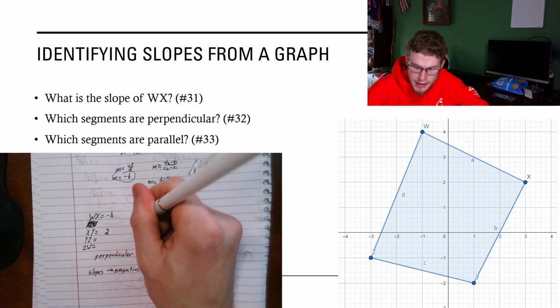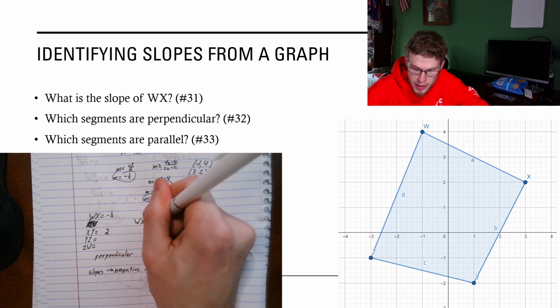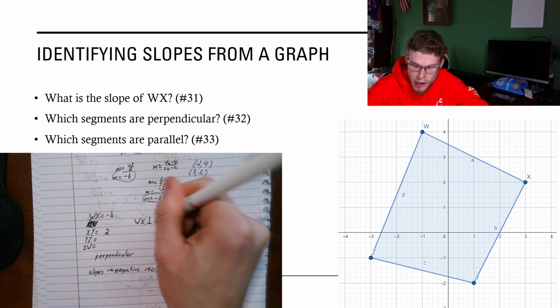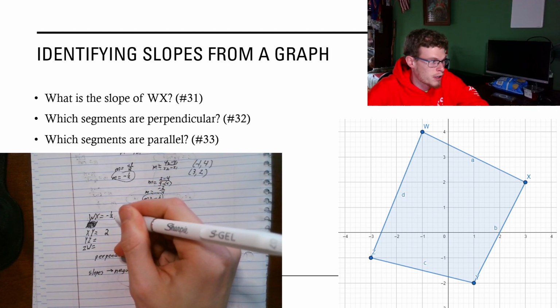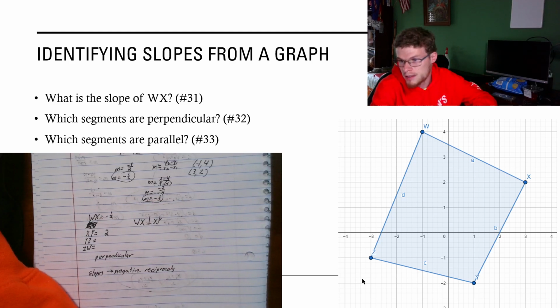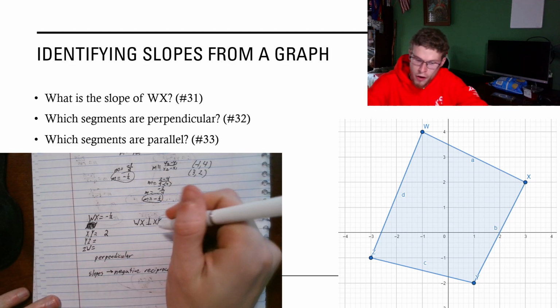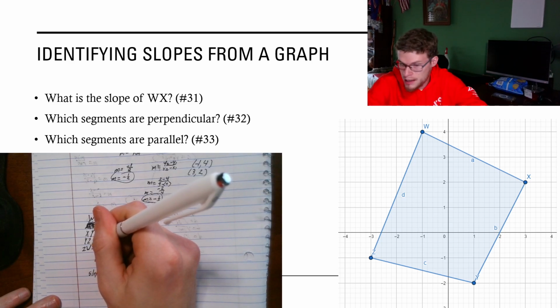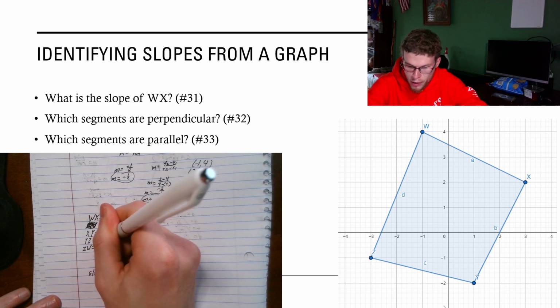So that means we can say that WX is perpendicular to XY, because this is the negative reciprocal of this slope. Now let's take a look at ZY. Okay, you see ZY right here, going down 1 over 1, 2, 3, 4. Okay, and you see that it's going down and over, which means the slope of YZ is negative 1 over 4.